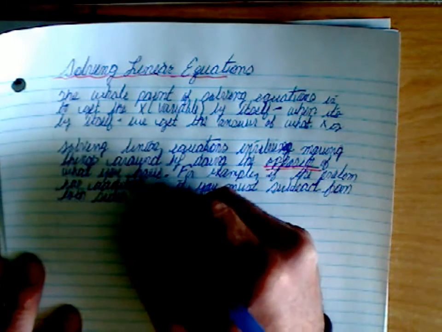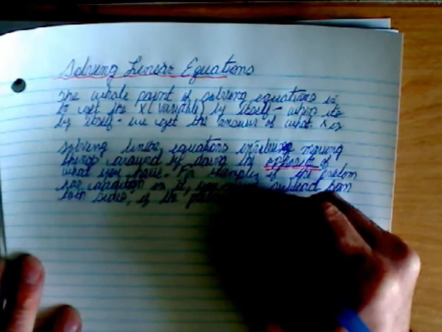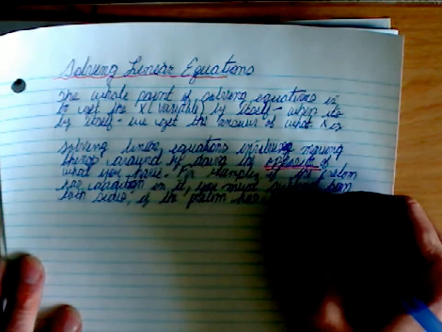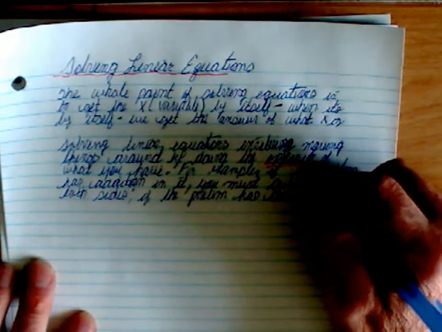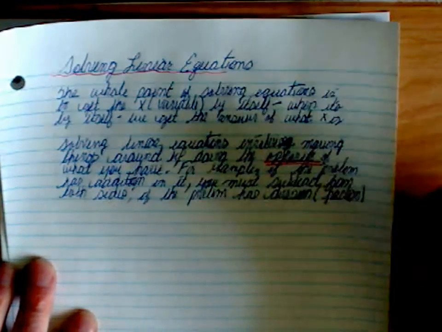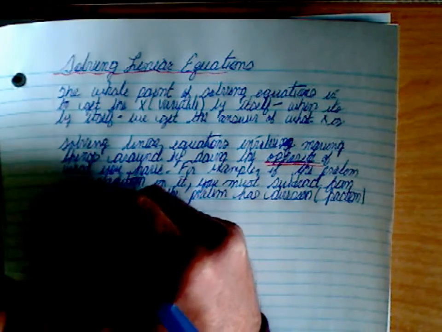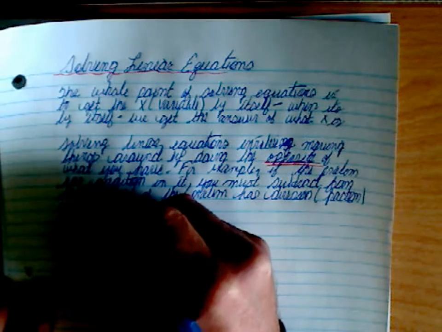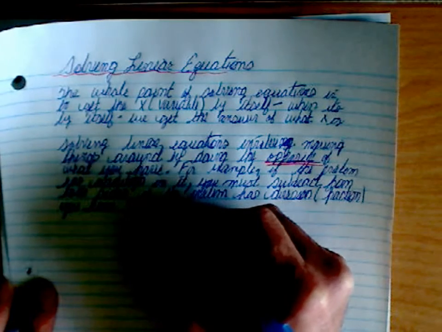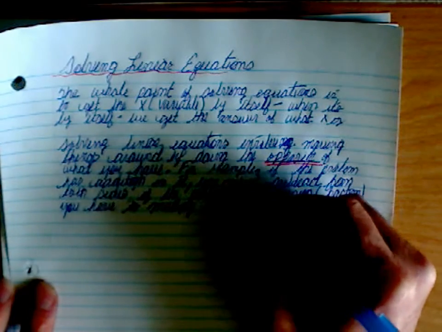If the problem has division, so in other words, in brackets we'll put, if it's a fraction (more complicated equations do have fractions), you have to multiply both sides.